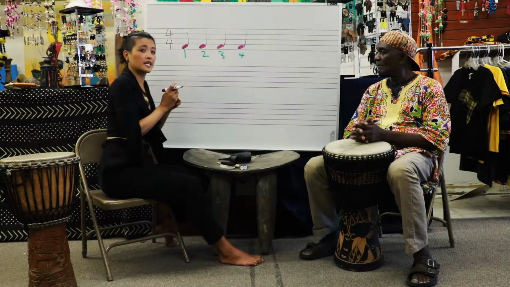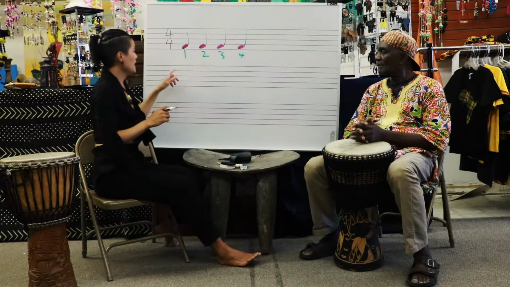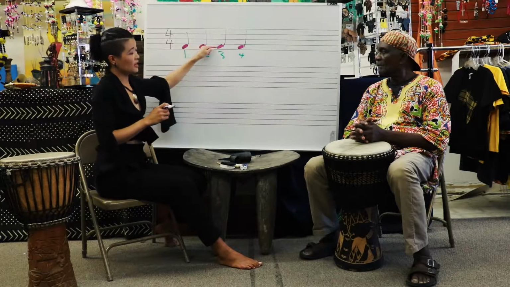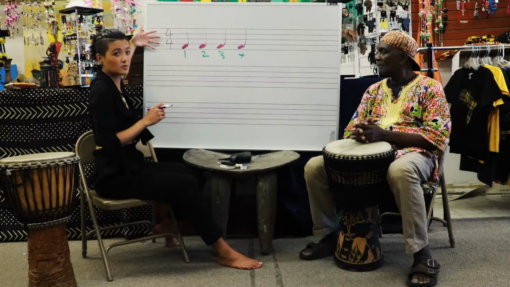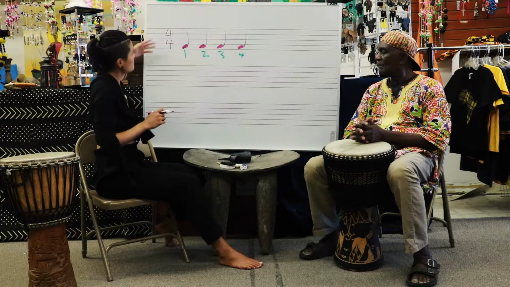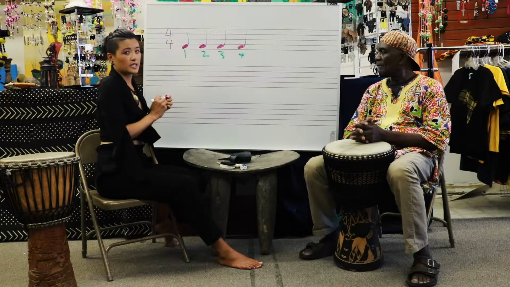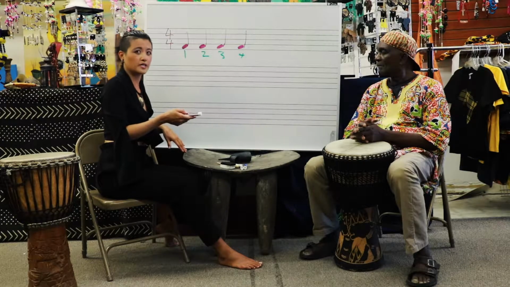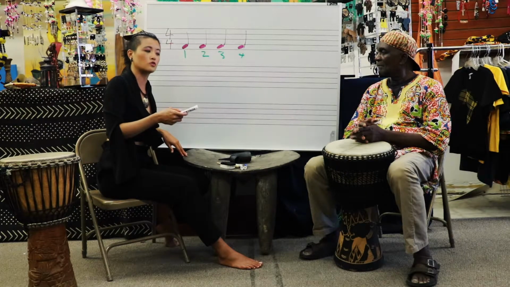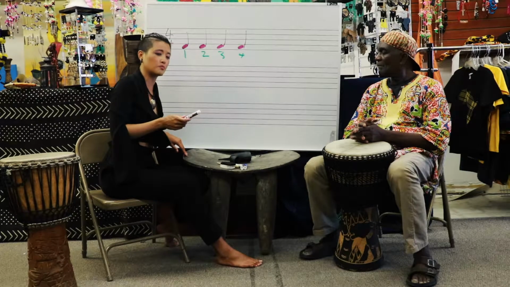Now last time I did not explain why we're only writing on one line of this staff. The staff is this set of 5 lines that we generally use to write down music. The reason why is because we're working with percussion here, and there is some variation to pitch, which we'll talk about in the later tutorials when you're talking about specifically playing the drum.